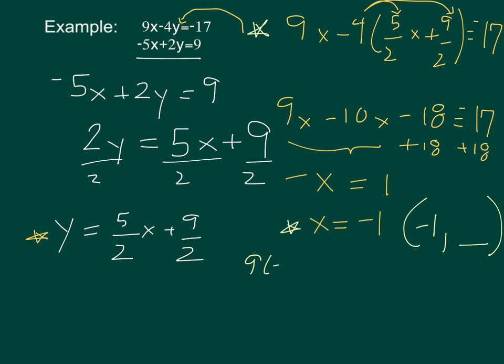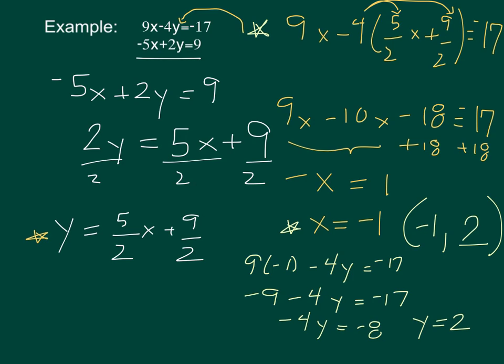So 9 times negative 1 minus 4y equals negative 17. Negative 9 minus 4y equals negative 17. If I add 9 to each side, I get negative 4y equals negative 8, so y is equal to 2. My ordered pair, my solution here, is negative 1 comma 2.